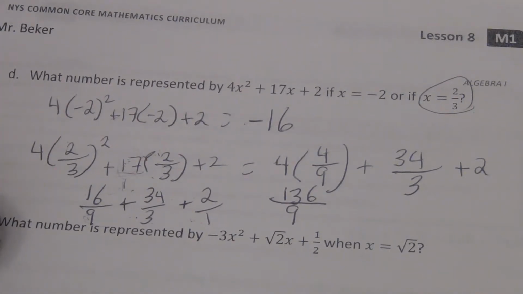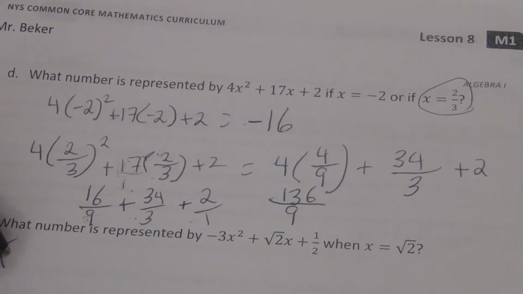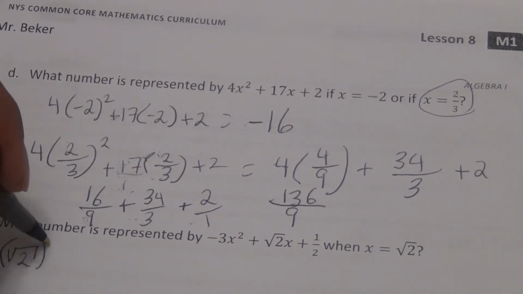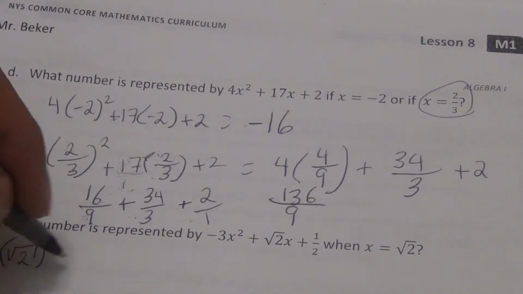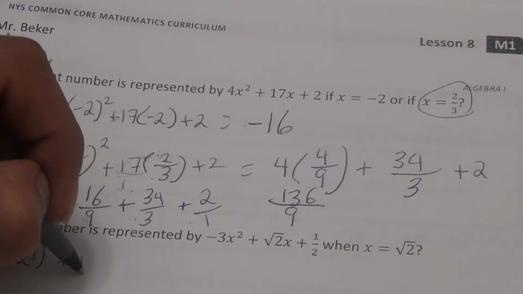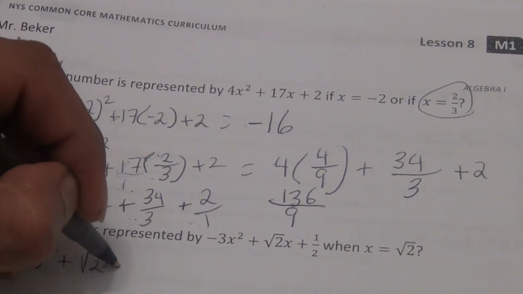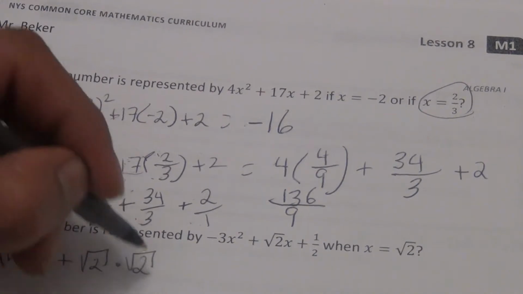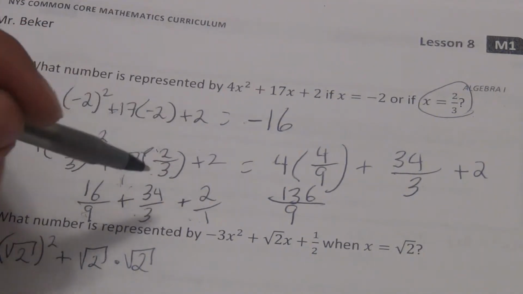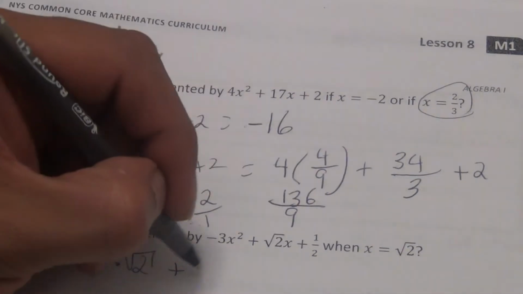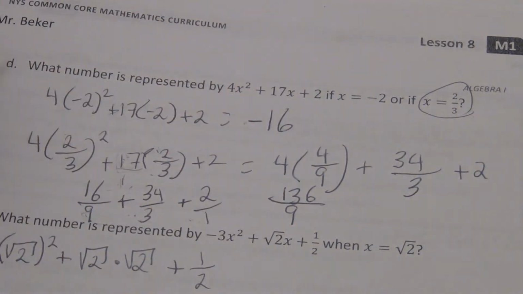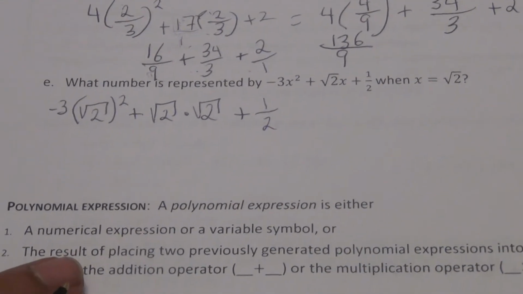Negative 3 times radical 2 squared plus radical 2 times x, which is radical 2, plus 1/2. All right. So let's see what this says.